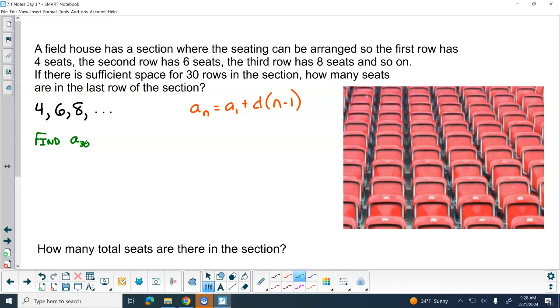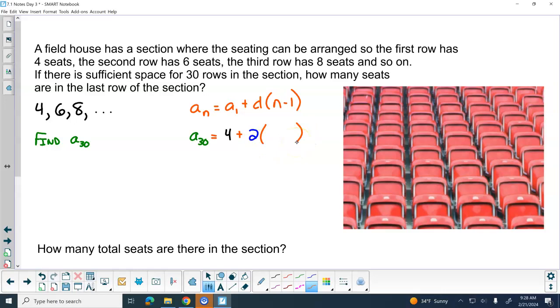Okay? So A sub 30 is going to equal, what is the first term in this sequence? 4, plus what is the common difference? Positive 2, because we're always going up by 2. Times n.